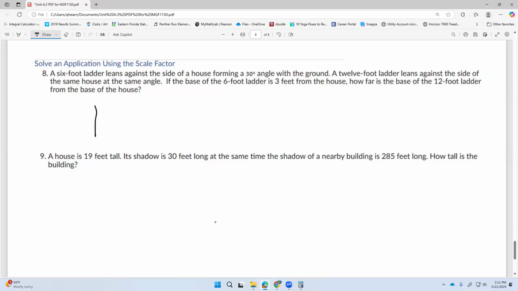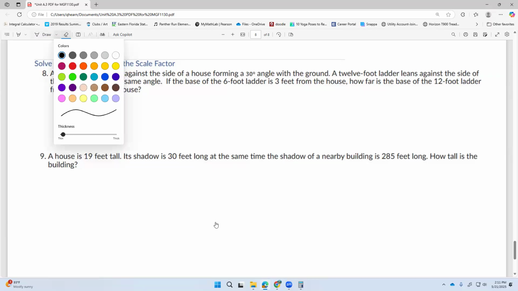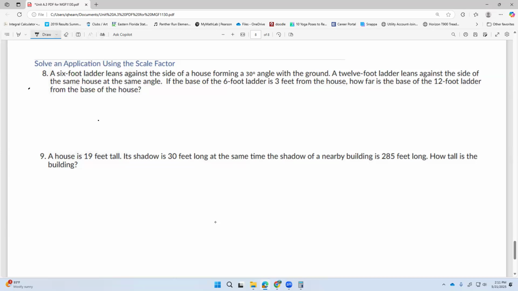So we're going to have a house. Again, you don't have to actually draw the whole house, but something to indicate a house with a 6-foot ladder leaning up against it at a 30-degree angle. Here's our 90-degree angle where the building meets the ground.